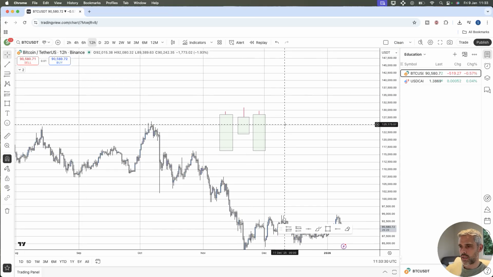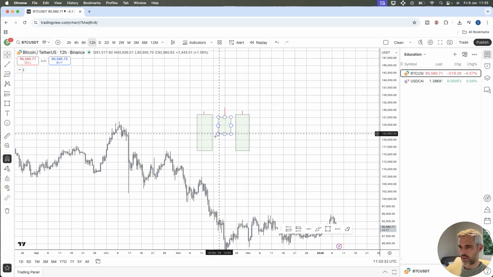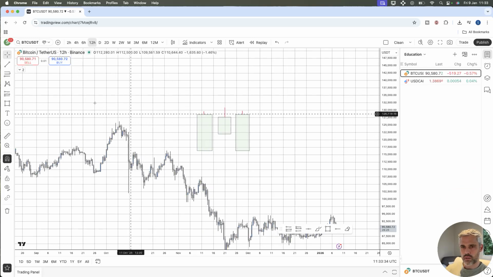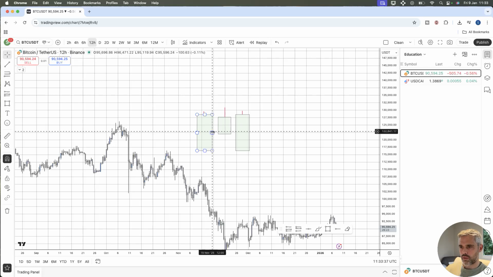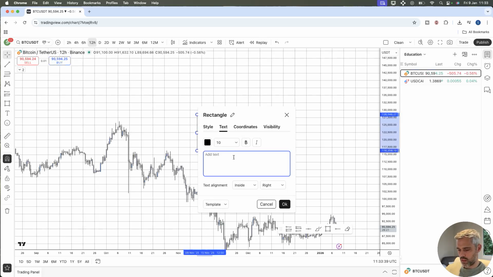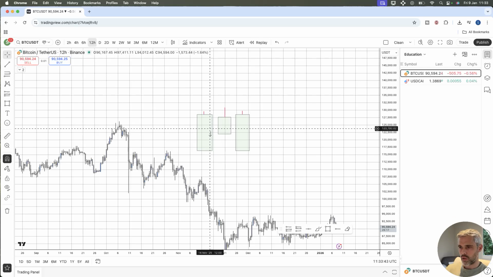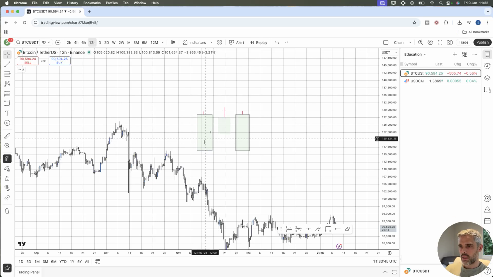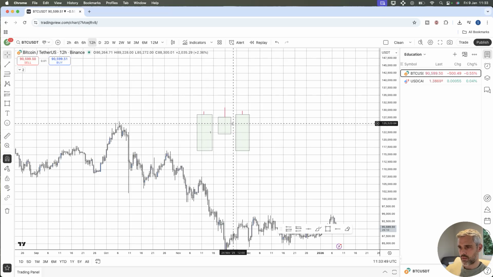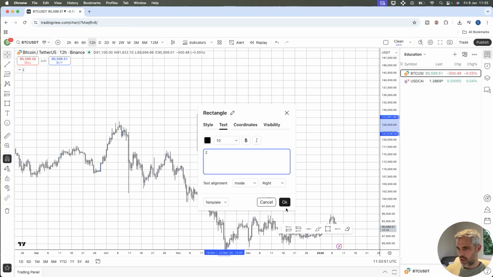A lot of what I teach and the methodology that I follow is around trading candle ranges. So here, it doesn't really matter if this is a bullish or bearish candle, but it's your first candle, candle 1. And this is where we see accumulation in the market. So treat that as accumulation.